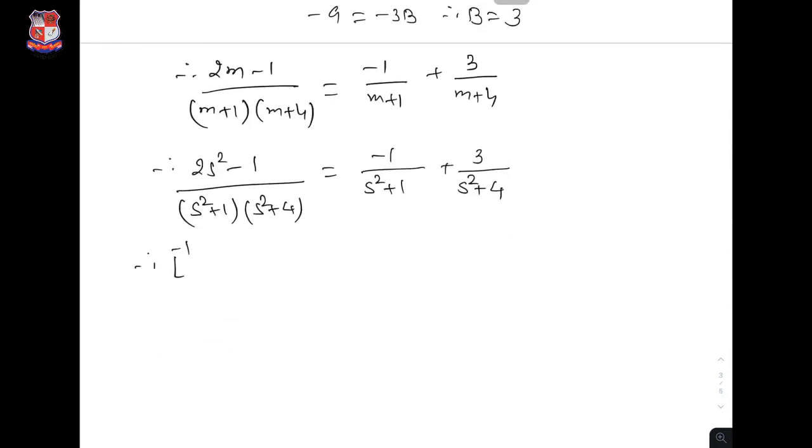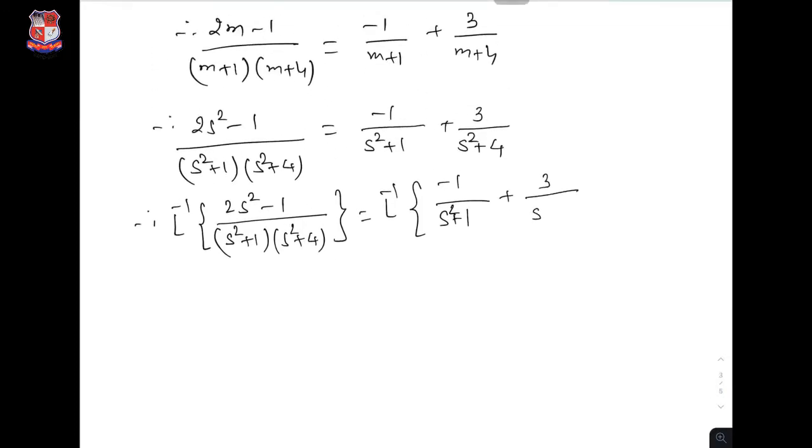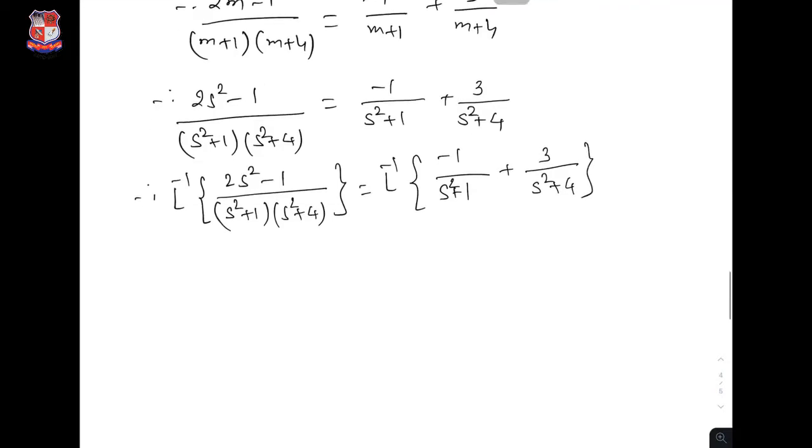So the inverse Laplace transform of (2s² − 1) over (s² + 1)(s² + 4) equals the inverse Laplace transform of −1 over (s² + 1) plus 3 over (s² + 4). So this is minus the inverse Laplace transform of 1 over (s² + 1) plus 3 times the inverse Laplace transform of 1 over (s² + 4).